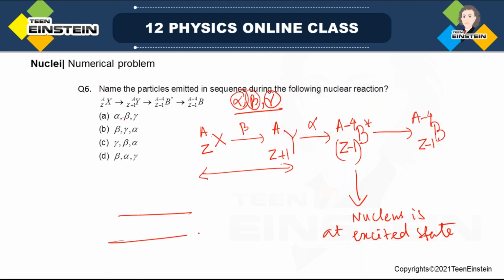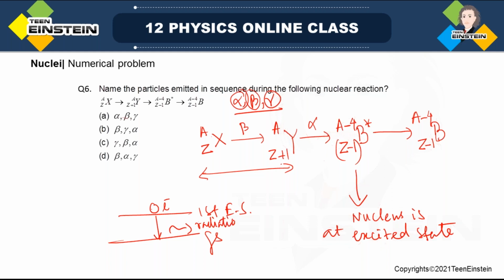So we know from hydrogen atom, suppose this is the ground state and this is the first excited state. One electron is here. It always tries to come to the ground state, but it has some extra energy. Whenever it makes a transition, it will emit radiation.